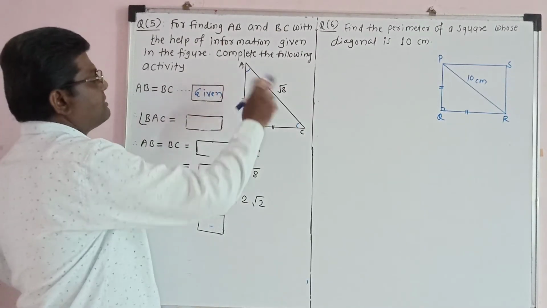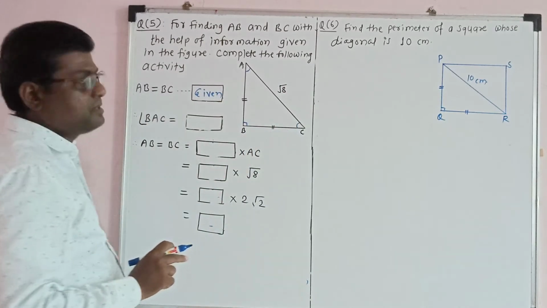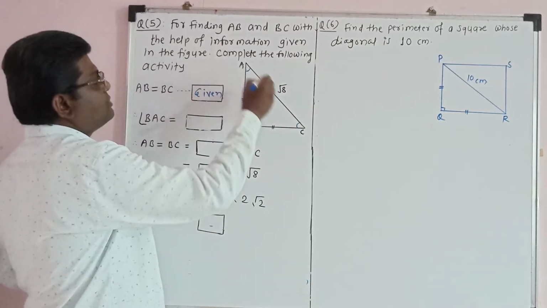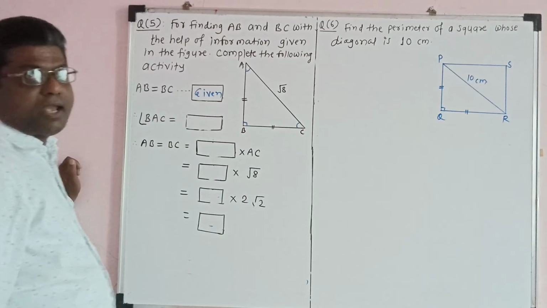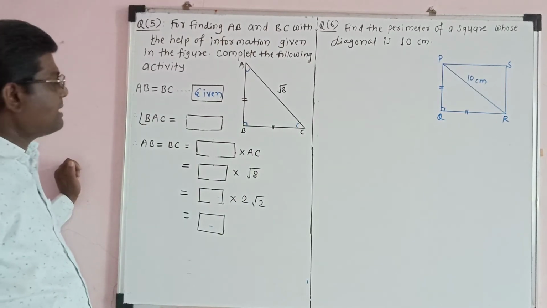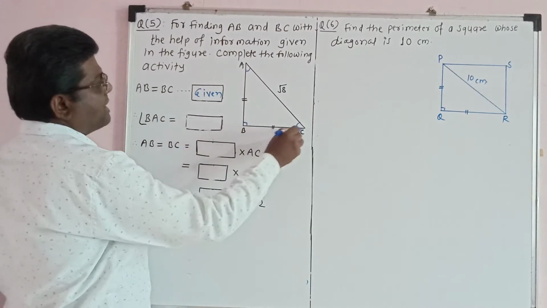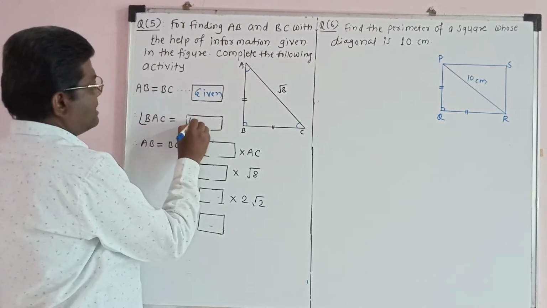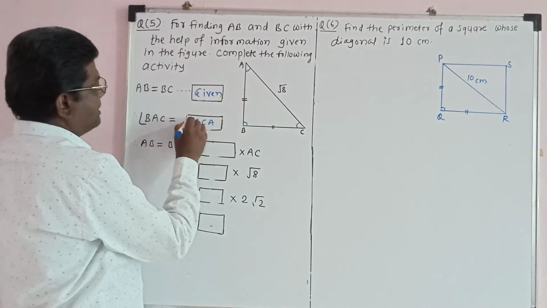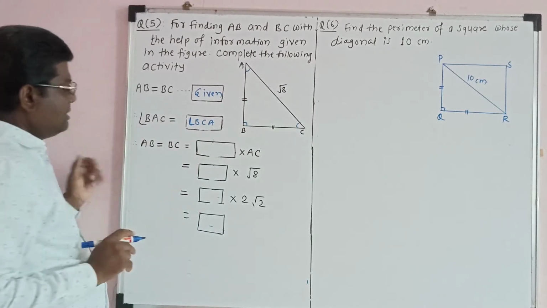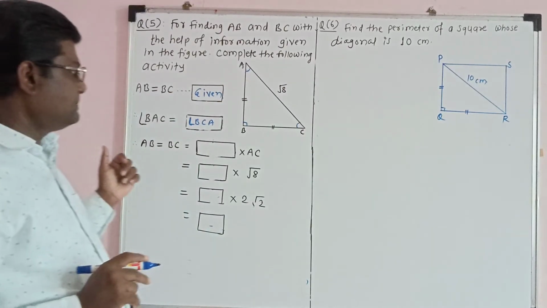These two sides are equal. Therefore, these two angles are also equal according to the isosceles triangle property. Therefore, angle BAC is equal to angle BCA.